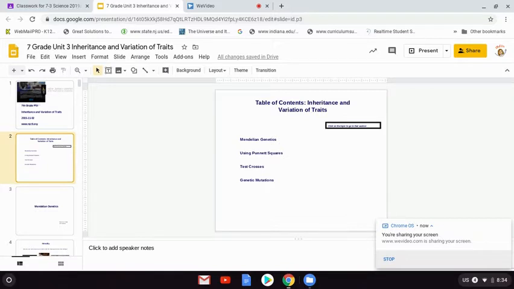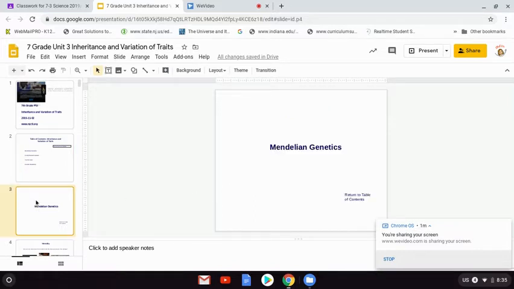So we might say, if we cross a rabbit with brown fur and a rabbit with white fur, what probability will the offspring have of having white fur? And we'll talk about that. And then we'll do some test crosses based on those Punnett squares. And then we'll talk very quickly about a couple genetic mutations. You could probably spend a whole year studying genetic mutations in college, so we will just be scratching the surface.